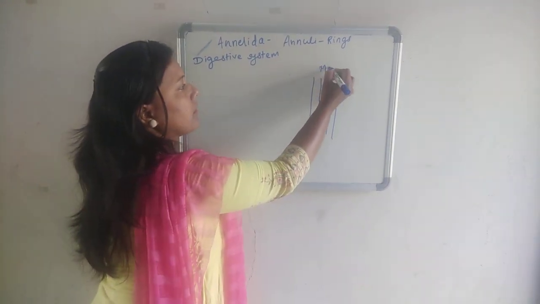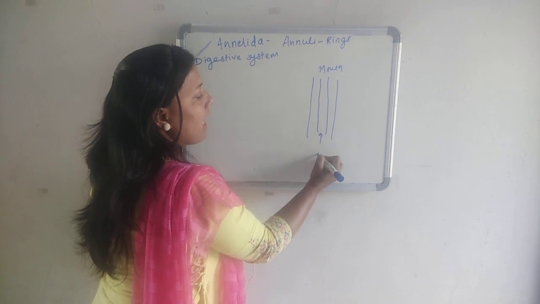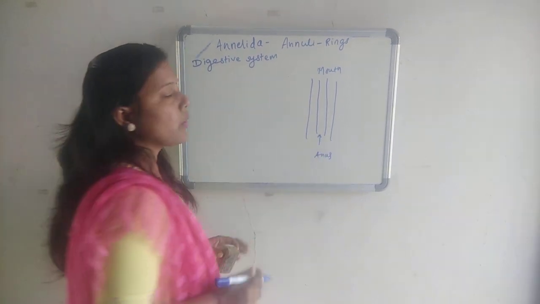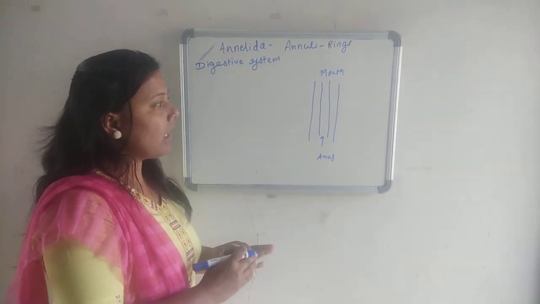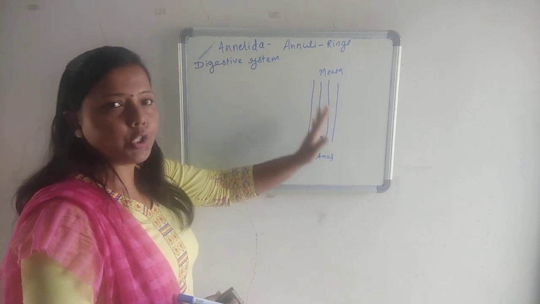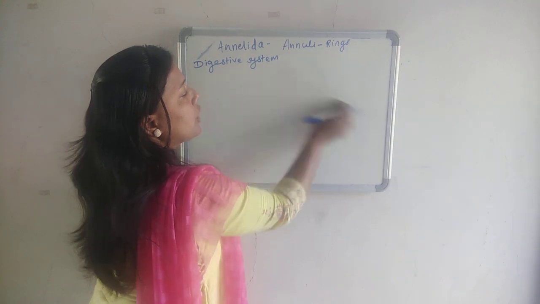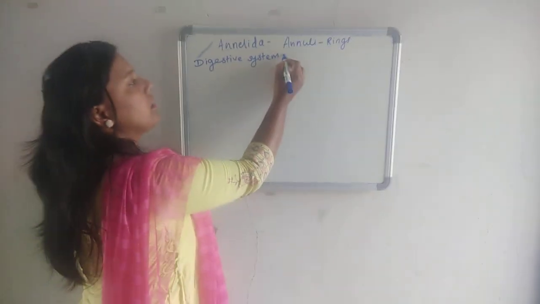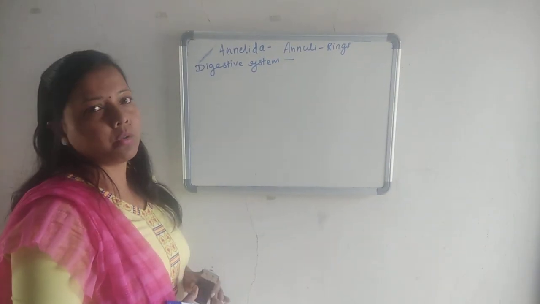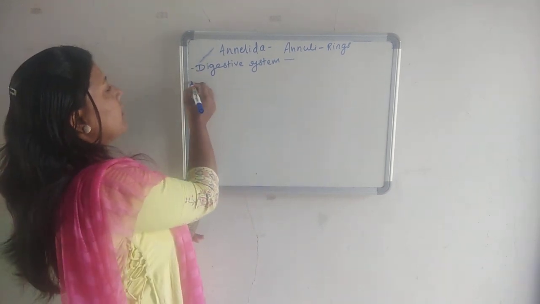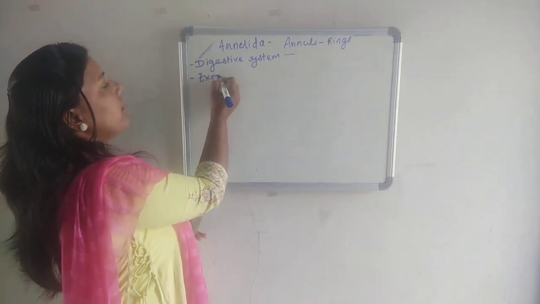There is a mouth and an anus. It means they show a complete digestive system, and this is called the tube within a tube pattern. So their digestive system is complete and well developed.